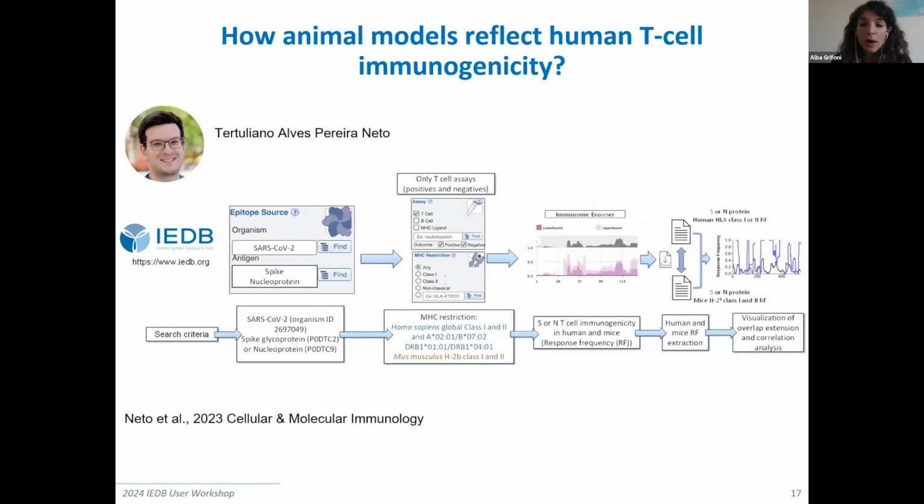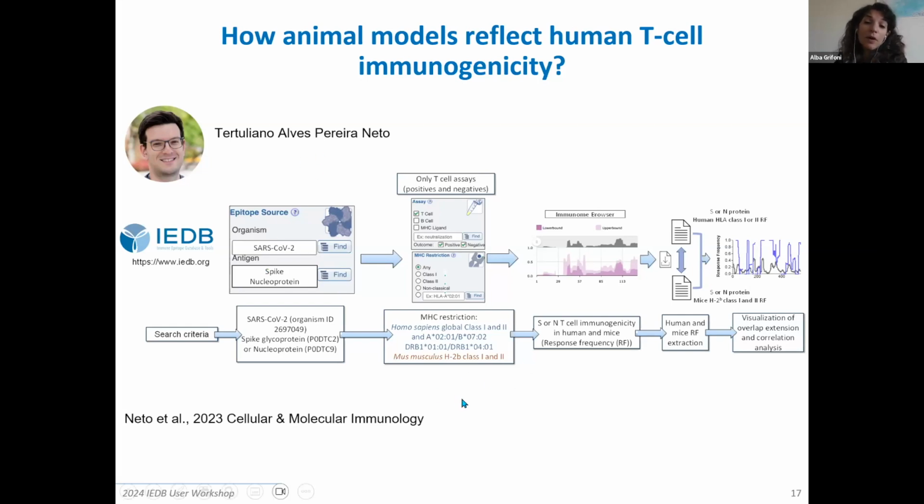Now, another question, where once again we used the coronavirus example, was how well animal models in general reflect human T-cell immunogenicity. In this context, we again leveraged the information from IEDB. We performed a query comparing SARS-CoV-2 epitopes that have been identified in humans versus SARS-CoV-2 epitopes identified in the context of mice.